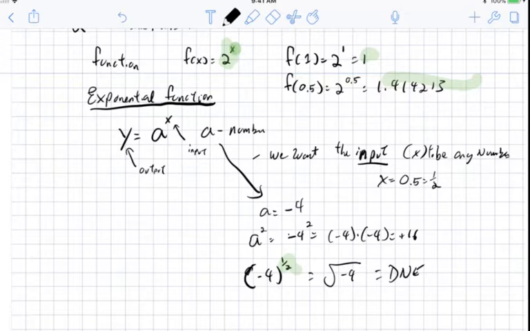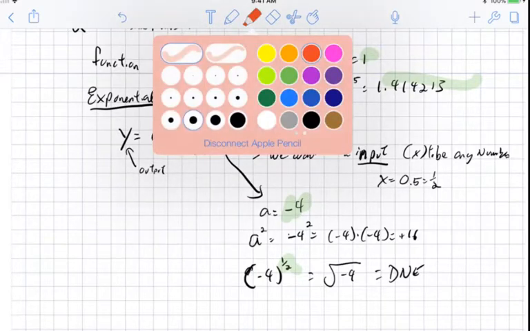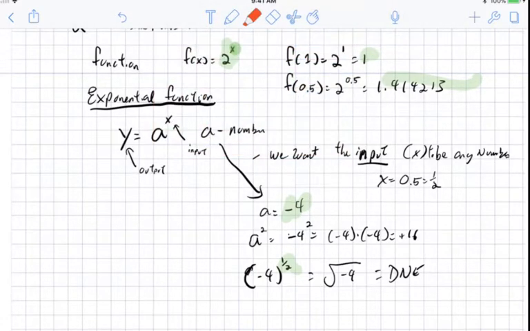So the deal here is that if the base of our exponential, that number, if we allow negative numbers to go in there, you're doomed, because there are lots of numbers that have roots in them, even roots. So long story short, all we do is we say, okay, a isn't just any number.